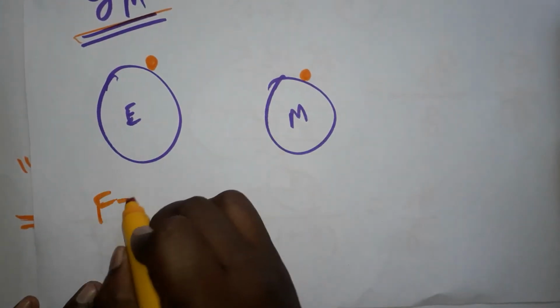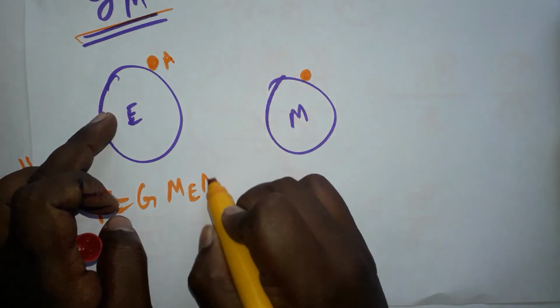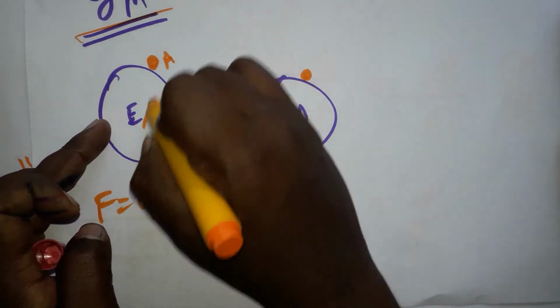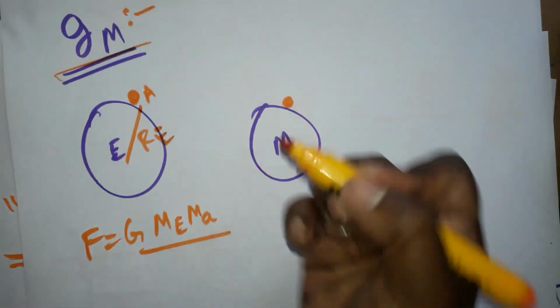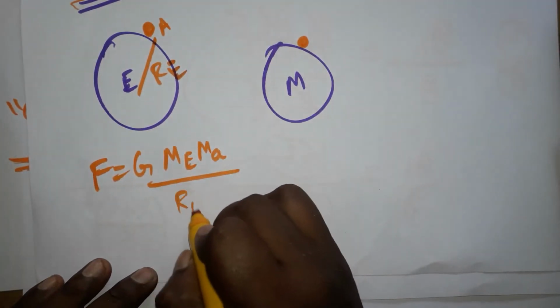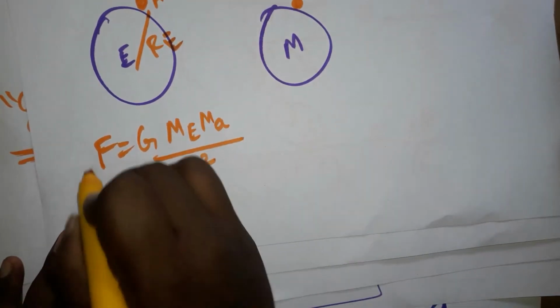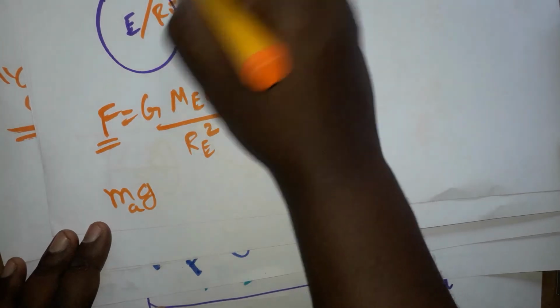So F is equal to G times mass of the earth times mass of the apple, divided by the radius of the earth square. The radius of the apple we are going to consider negligible. So F is equal to mg, where m is the mass of the apple, and mg is going to be the weight of the apple.